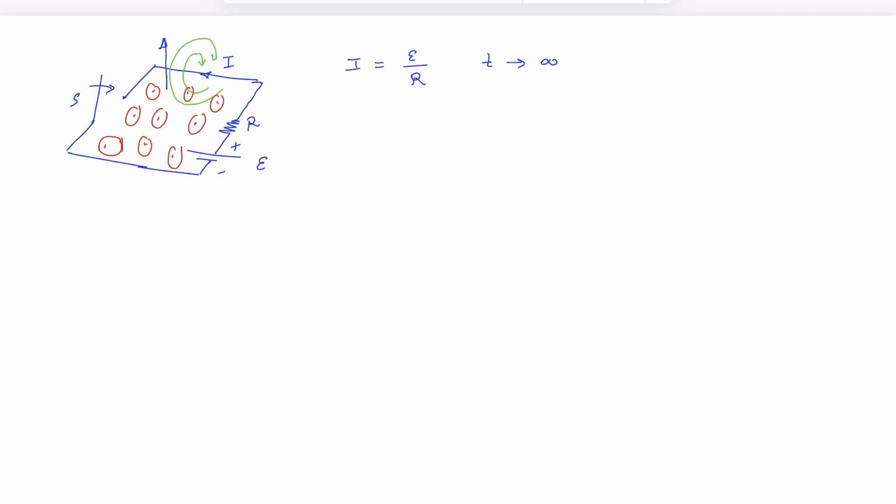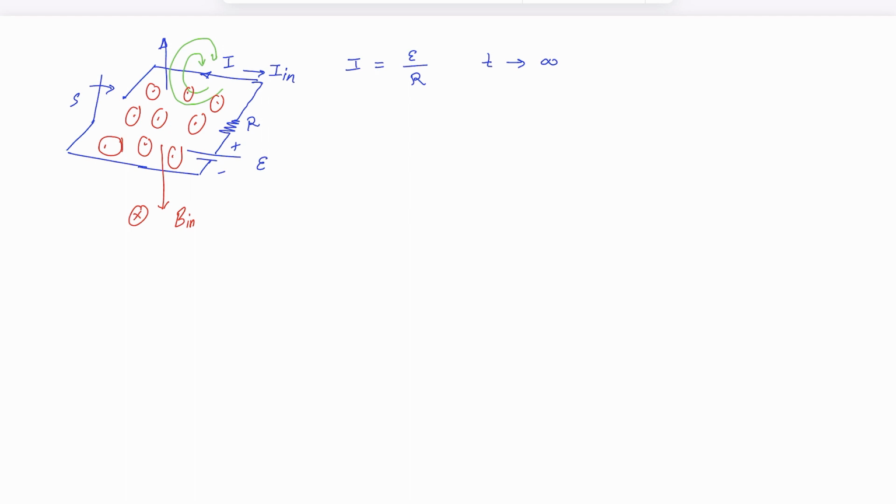and if flux is increasing out of the page, the induced magnetic flux will be in the opposite direction. That means the induced magnetic field will be in the opposite direction, that is into the page, so that it counteracts that change in flux. And because of that induced magnetic field, there will be an induced current, which I'm going to call I induced, I sub IN.